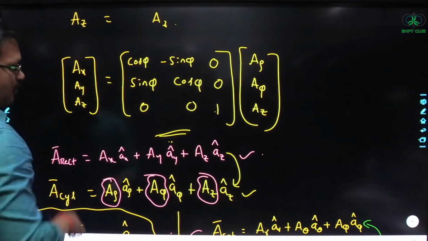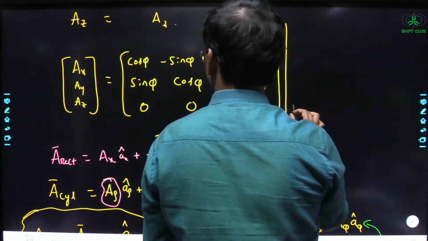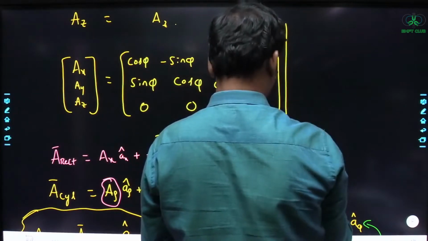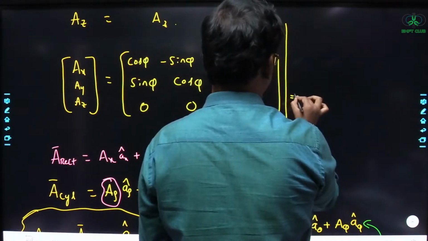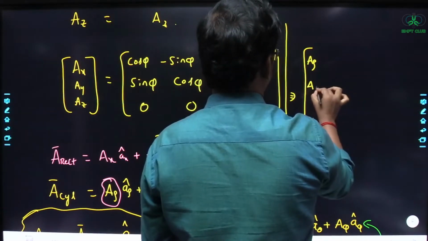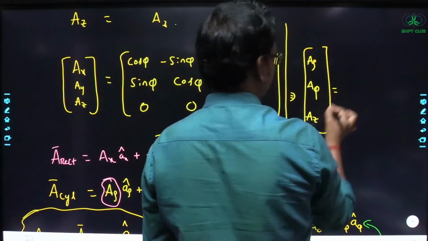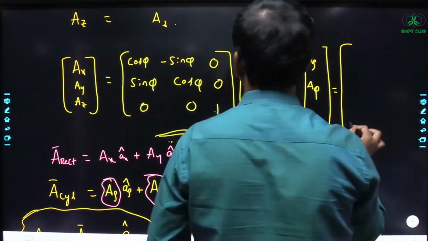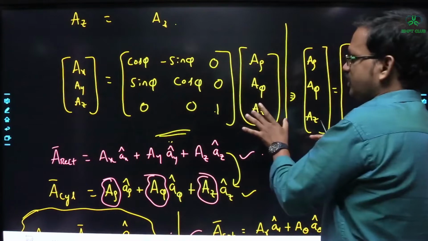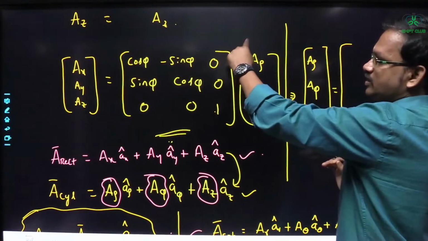Now see here. If you want A rho, A phi and AZ, and they have been given in rectangular, then what do you have to do? Take this matrix to that side, then you have to determine the inverse of this one.